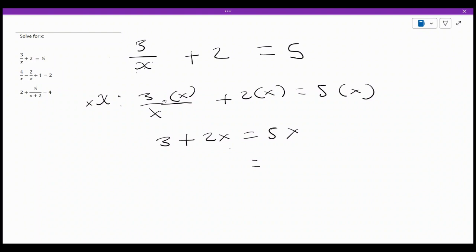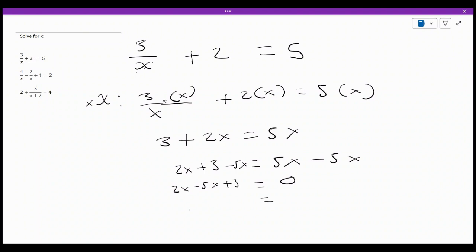Okay, so let's move this 5x to this side, and we're going to have 2x plus 3, right? So how do we get rid of this 5x? We minus another 5x, right? So we'll write this 5x on this side as well, and we're left with 0 over here, and then it's just 2x minus 5x plus 3.